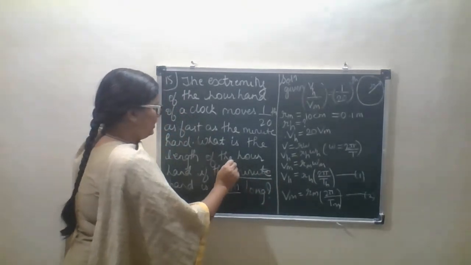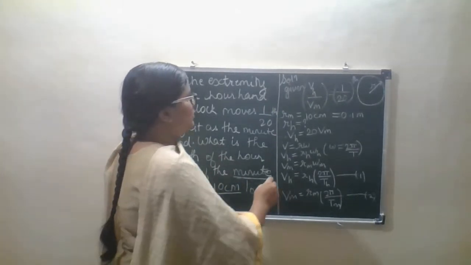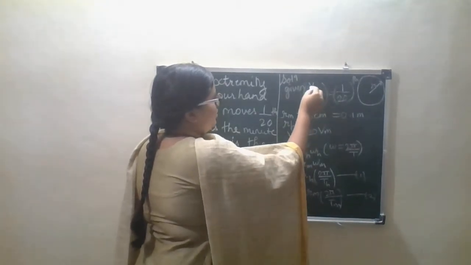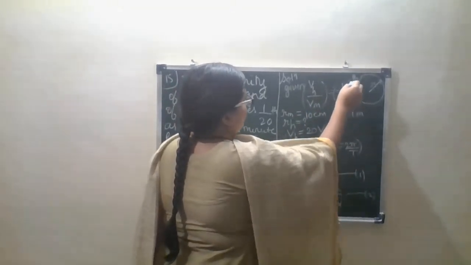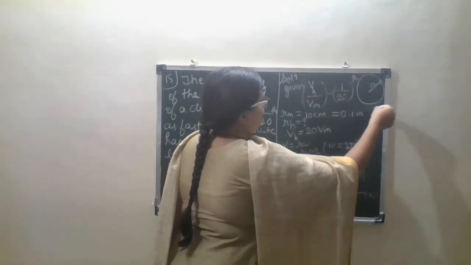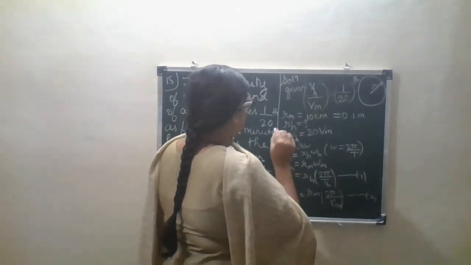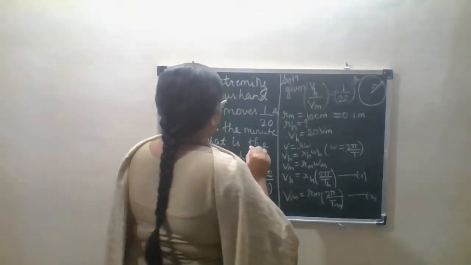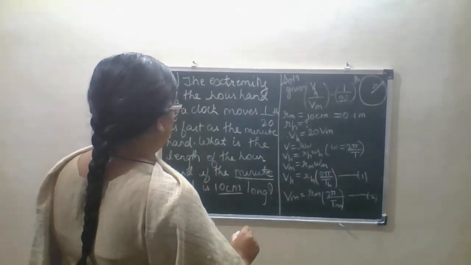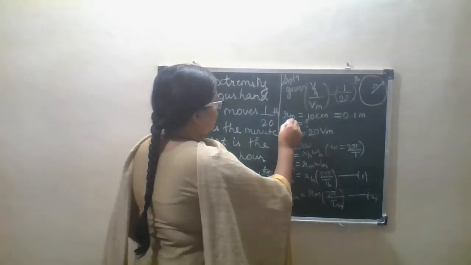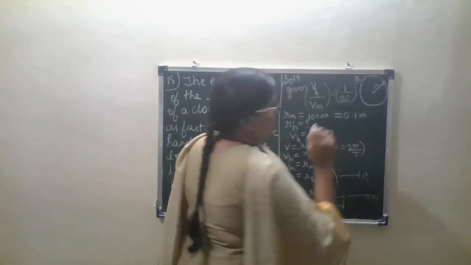What is given is vh upon vm, the velocity of the hour hand upon the velocity of the minute hand, is 1/20th. This is the circle, this is the clock. The radius is given as 10 centimeter, and converting that into meter, it will be 0.1 meter.